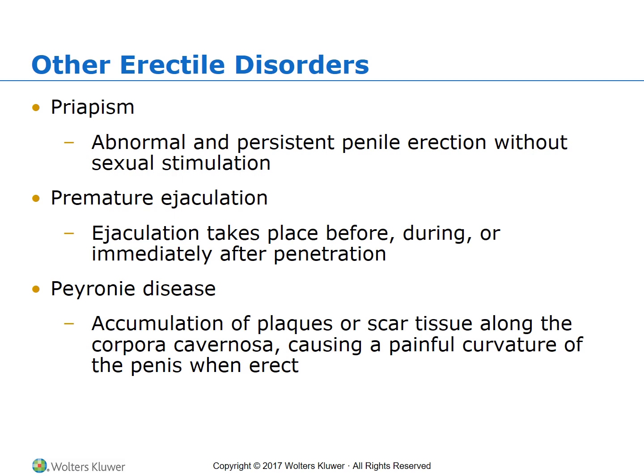What we want to educate the patient on regarding Peyronie disease is that the plaque or scar tissue may be removed by surgery. And you want to make sure that you document the education you provided the client. So, Peyronie disease, the one thing I want you to remember is the plaque or scar tissue may be removed by surgery.